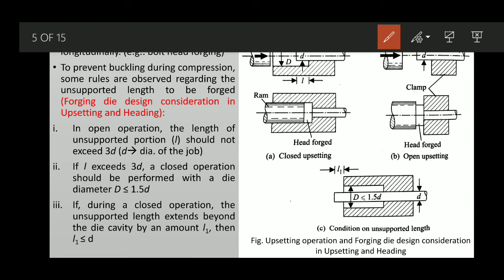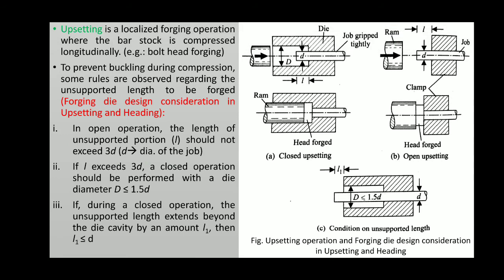Similarly, depending on the final requirement of the size of the bolt head, sometimes the unsupported length L may exceed thrice the diameter. If that happens, a closed operation should be performed, but again there is a requirement on the die diameter.